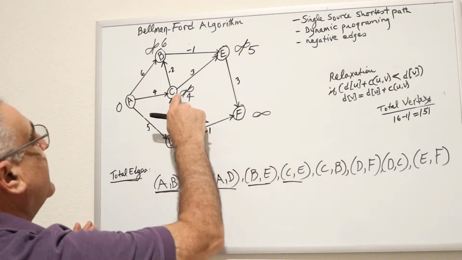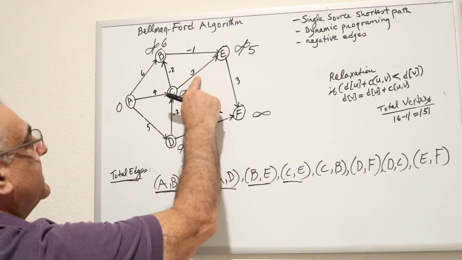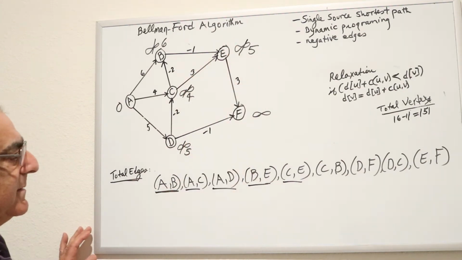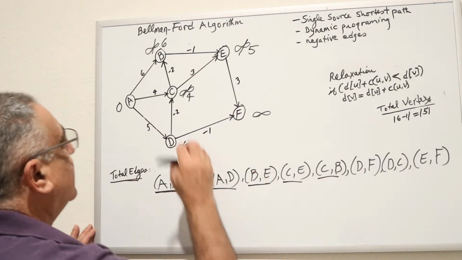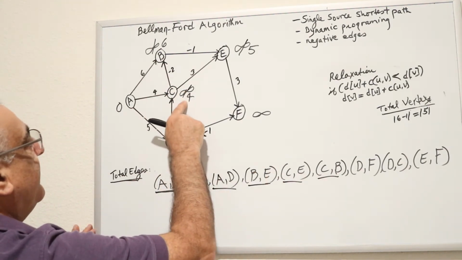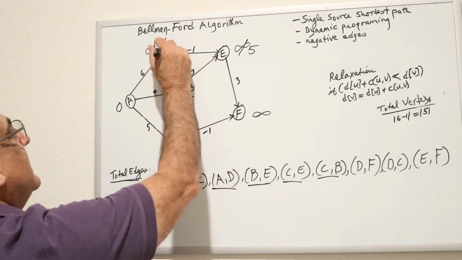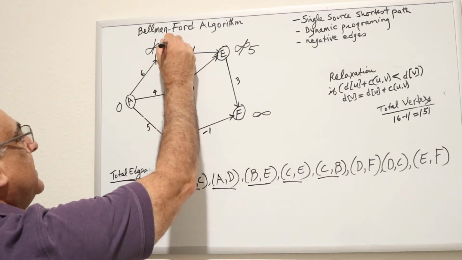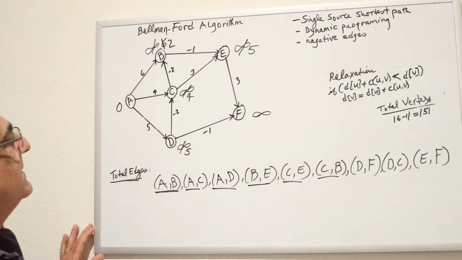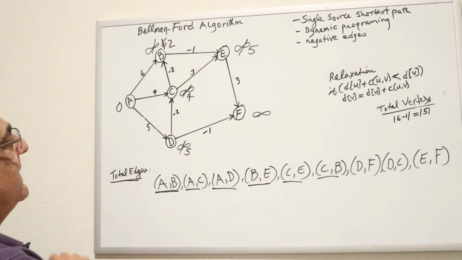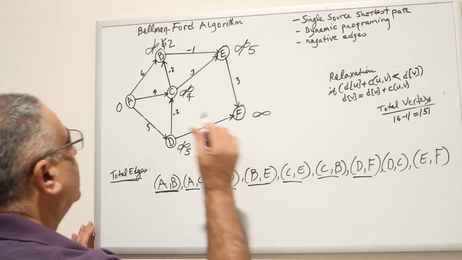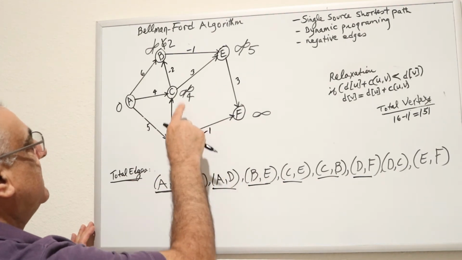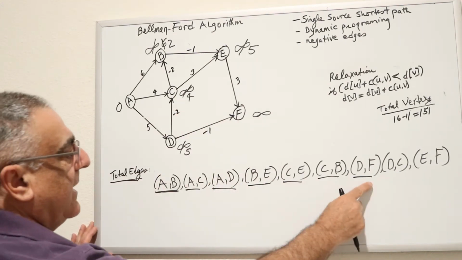C to E, 4 plus 3, 7. Well, 5 is better, don't bother. C to B, 4 plus -2 is 2, which is better than 6.